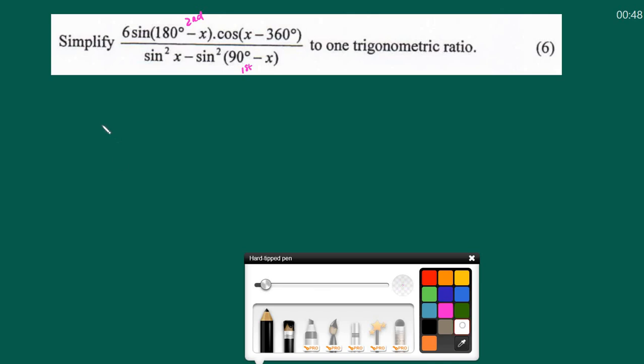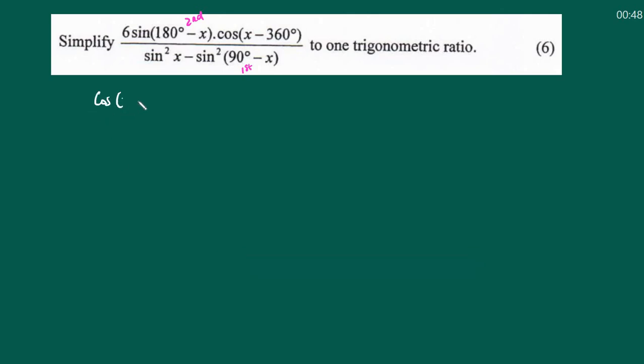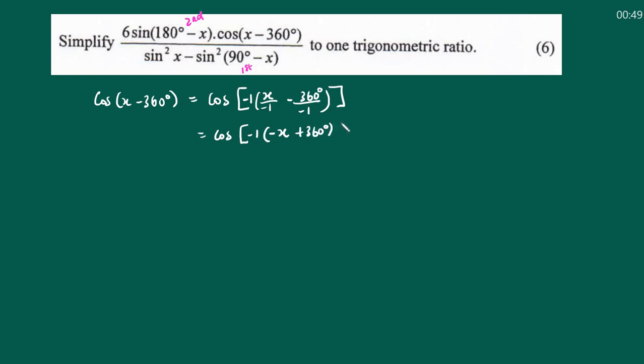So let's remember, guys, I would write that as cos of x minus 360 degrees, of which I would write still as cos, and then remember you divide by negative 1, so you write it as x over negative 1 minus 360 degrees over negative 1, but don't forget to take the negative out. That negative 1 you also take out, so that now you can say cos of negative 1 times negative x plus 360 degrees.